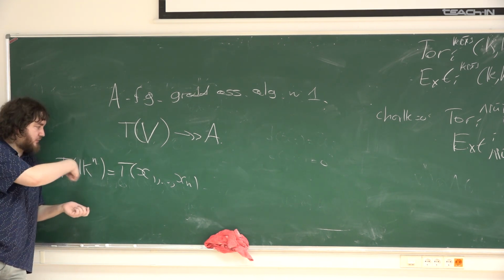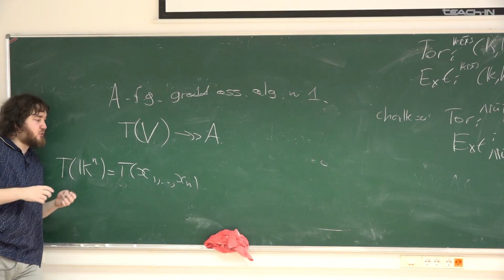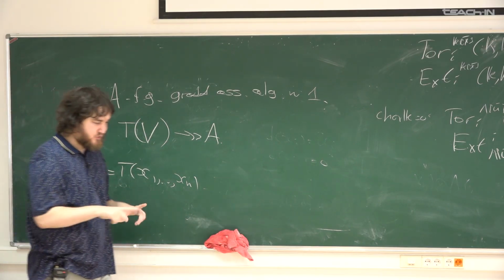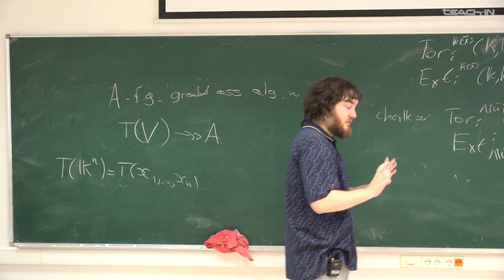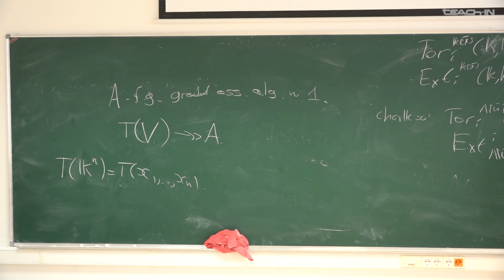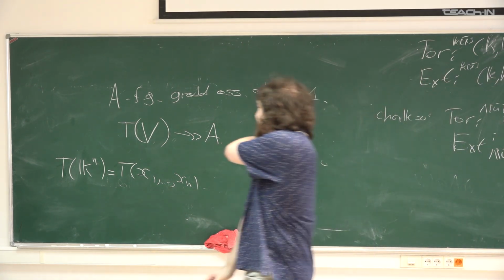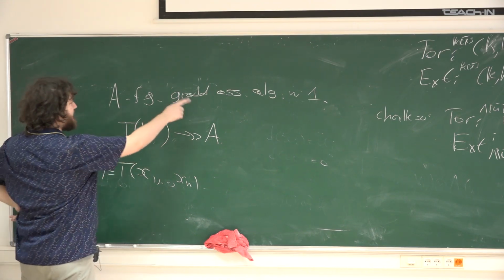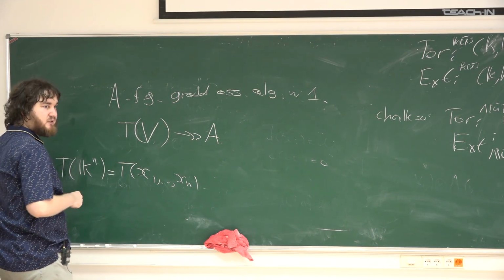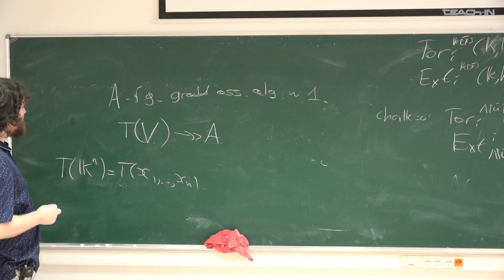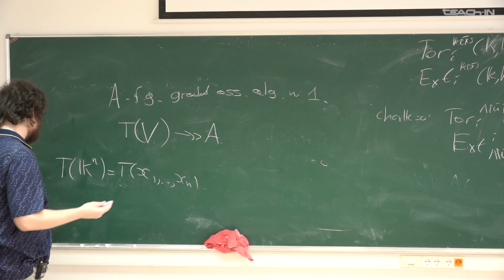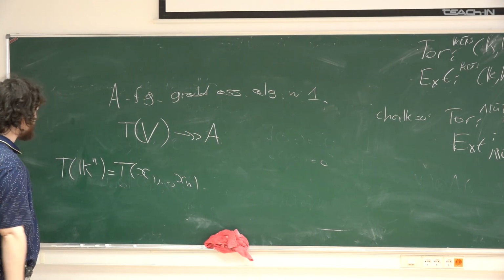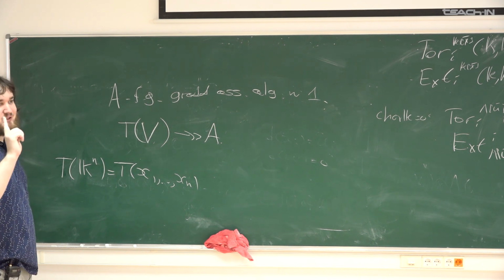If I know how to multiply letters freely, I know how to multiply all linear combinations of letters by linearity. So in fact the algebra is free, but not commutative. It's the tensor algebra, and it's not commutative in general. It's commutative only if it's generated by a one-dimensional space.